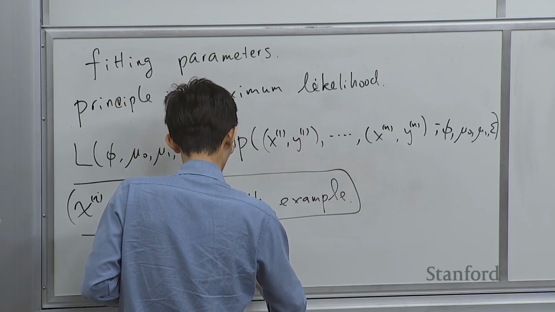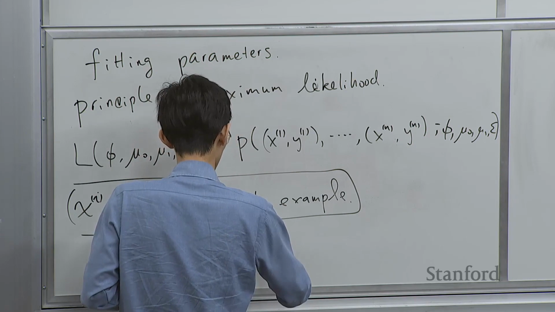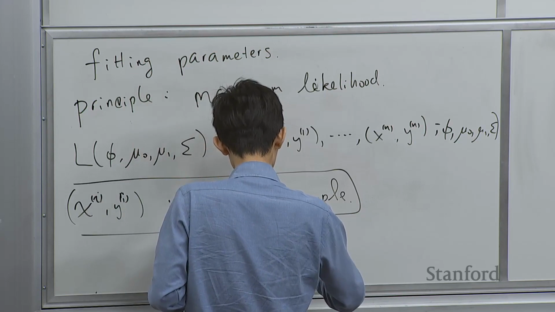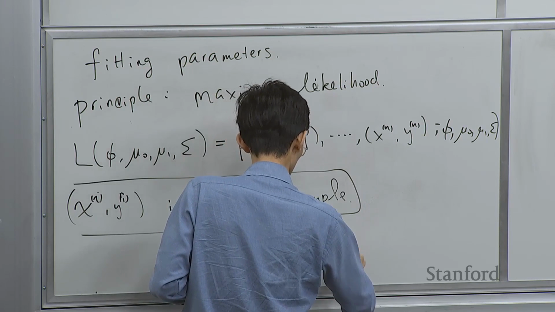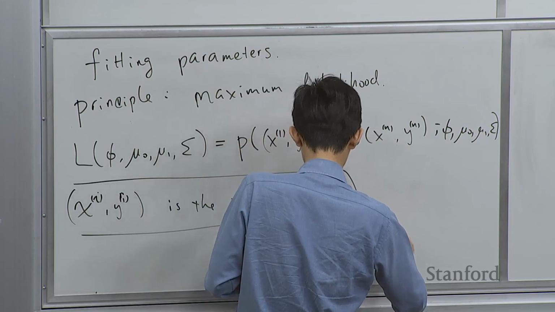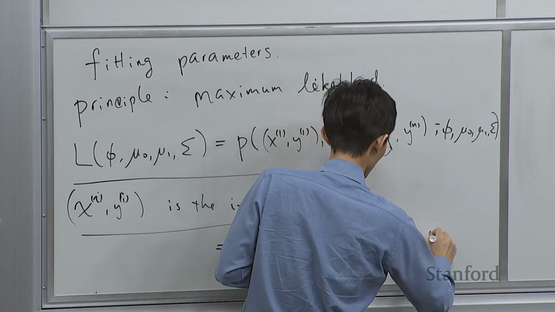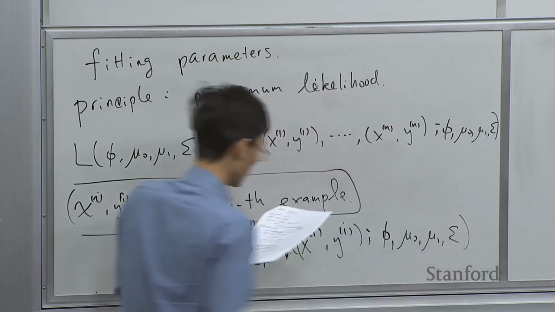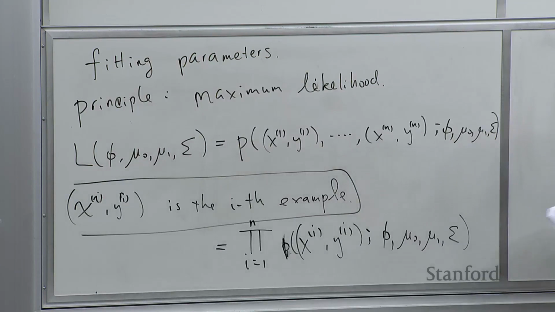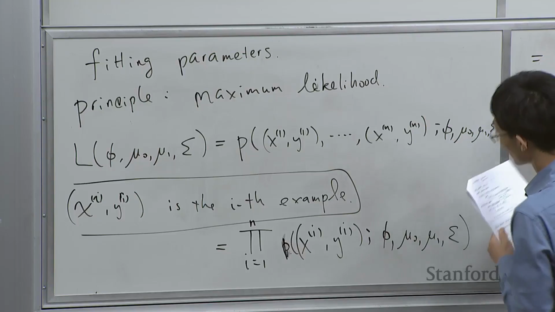This is the product of the likelihood of all the examples because you use the independence. P of xi, yi, given the parameters, and you can even factorize this a little bit more.